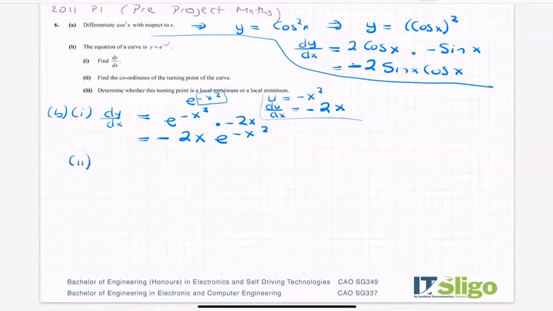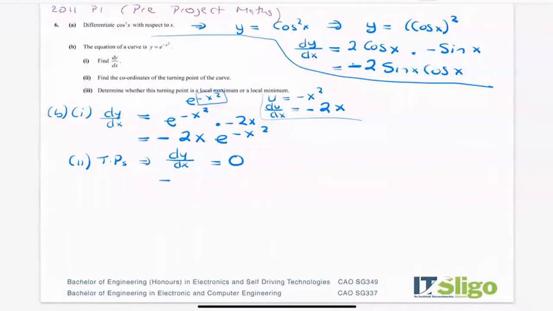Part 2, find the coordinates of the turning point of the curve. Okay, so the theory you need to know here is that for turning points, often called TPs, dy dx equals 0. Okay, so this question often follows one where you have found dy dx.